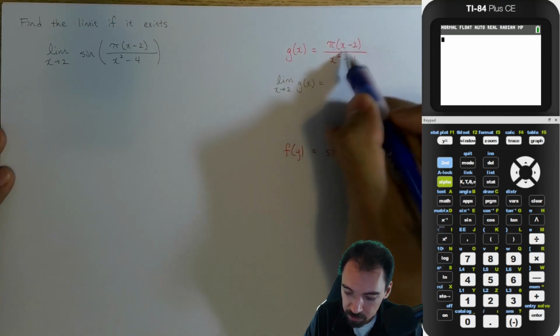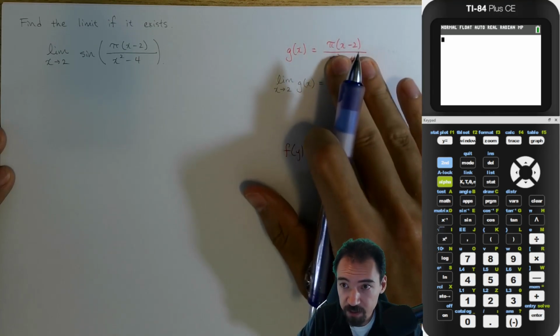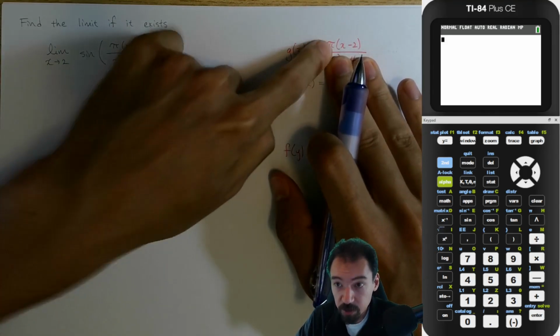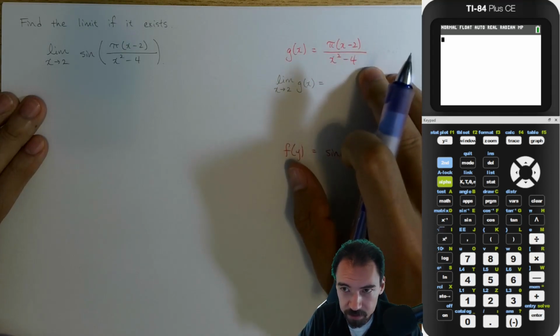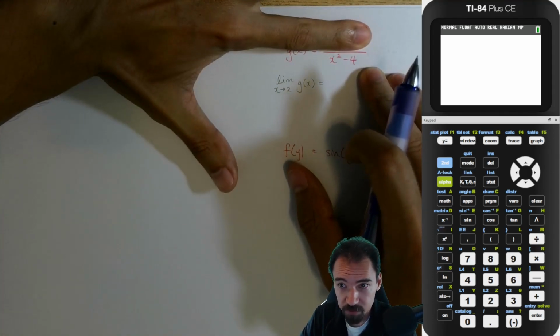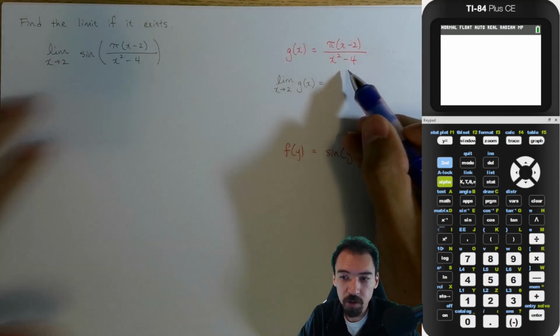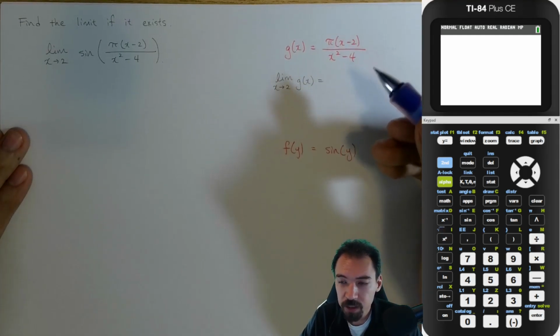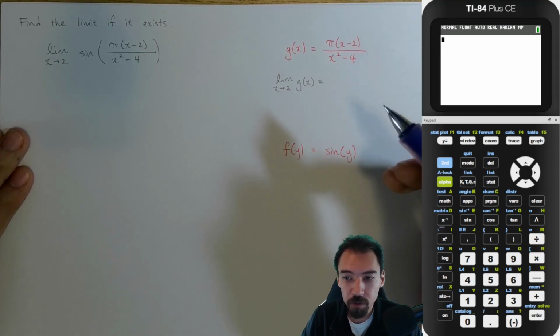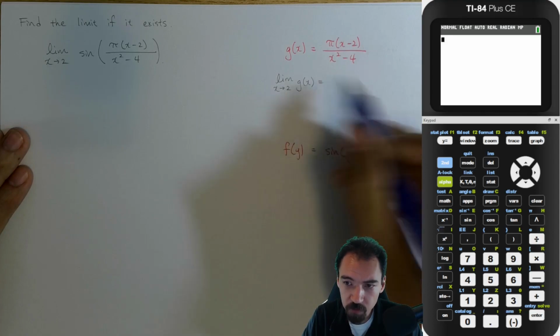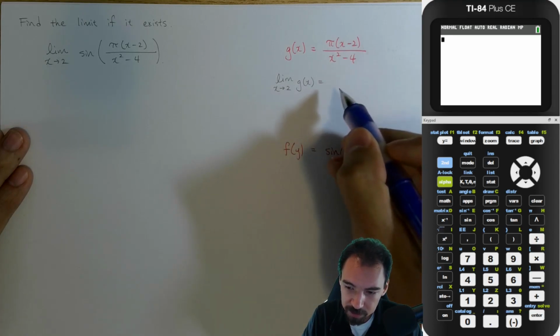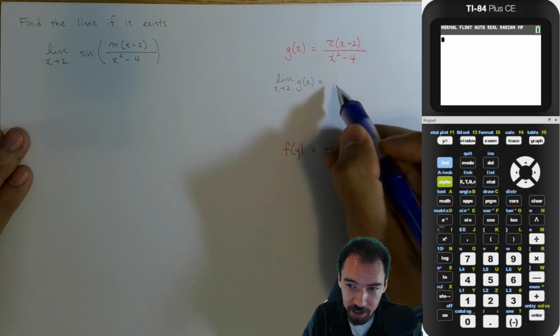The numerator is a continuous function, so we can just plug 2 in, we get 0. The denominator alone is a continuous function, so we can just plug in 2. We also get 0. And when you get 0 on the top and 0 on the bottom, this behavior shows up as a hole in the graph. It is a removable discontinuity, and so we want to do something clever, aka factor.